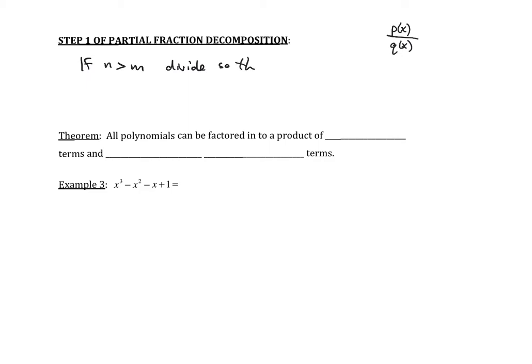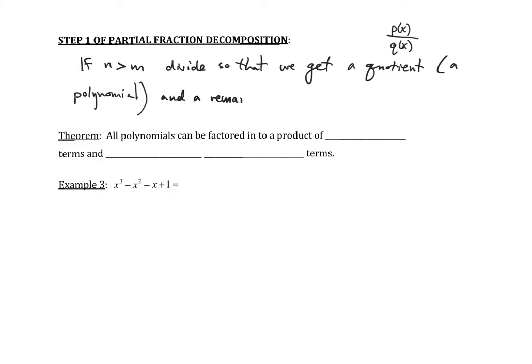so that we get a quotient. Our quotient will be a polynomial, and a remainder. And let's call that remainder r of x. Okay.